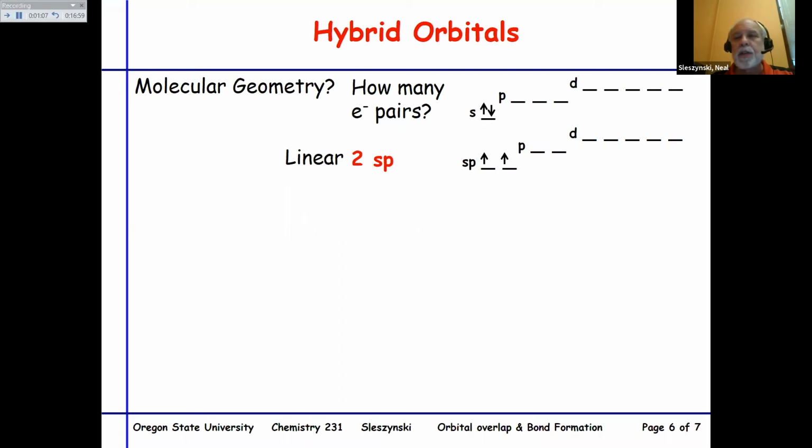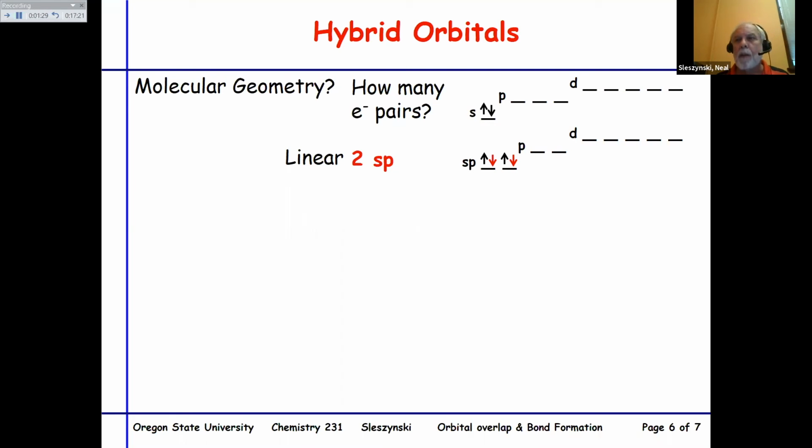That gives us our two electrons in individual orbitals, unpaired. Those two electrons now can pair up with available electrons from two other atoms, giving us sp hybridization, where we have paired up the two available electrons.